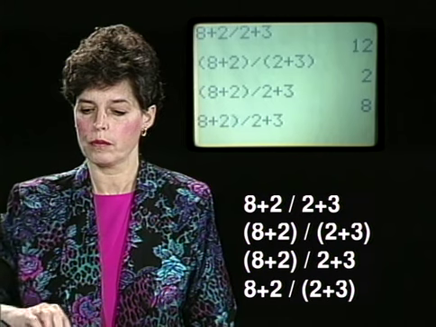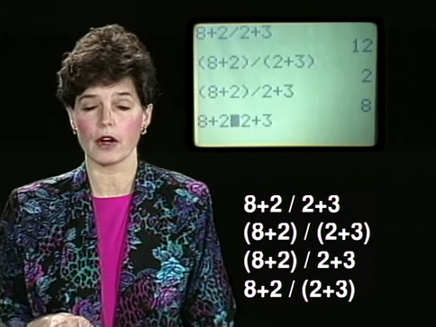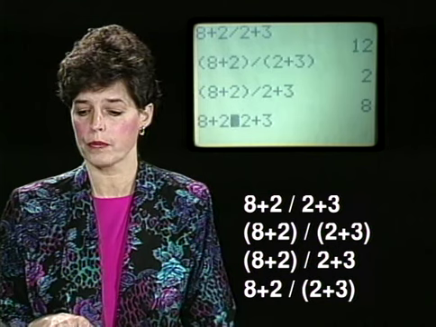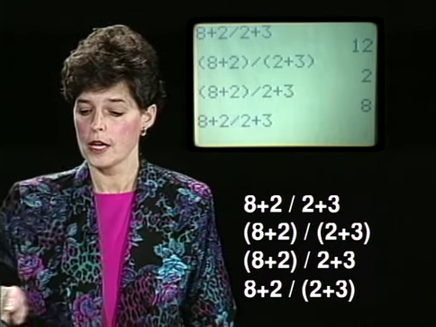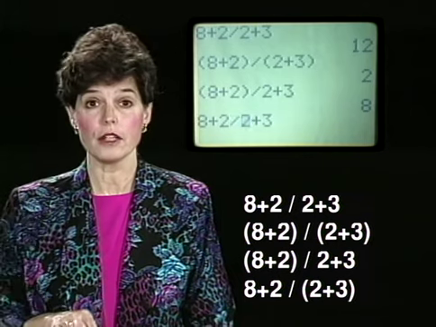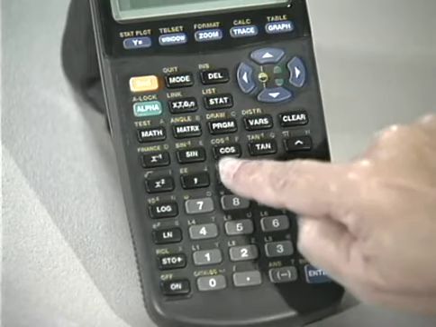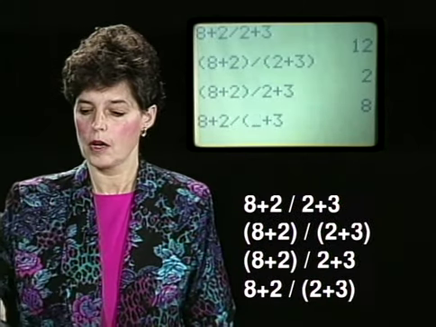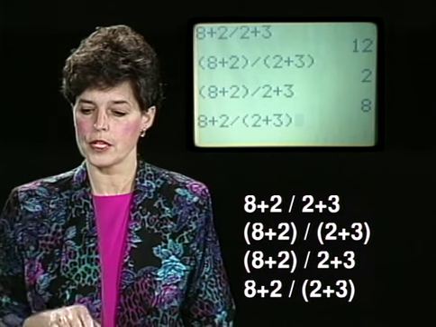Moving over, placing my cursor on top of the other parenthesis and hitting delete, I've gotten rid of the parentheses that I want. But now I want to put a set of parentheses around 2 plus 3. So let's place the cursor on the 2, go Insert, left parenthesis, move your cursor over to the far right, put your other parenthesis in.